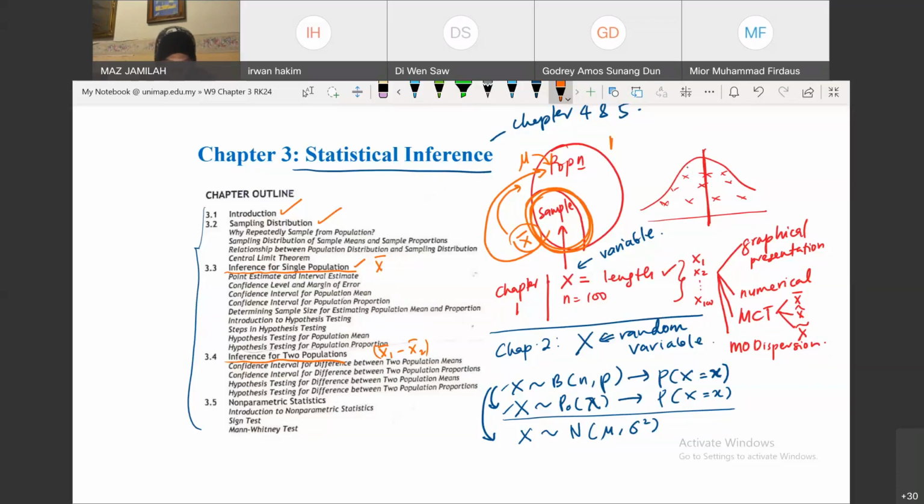If we have a normal probability distribution, whereby our random variable is following the normal distribution. Somewhere in the experiment, your data may not be following the normal distribution.